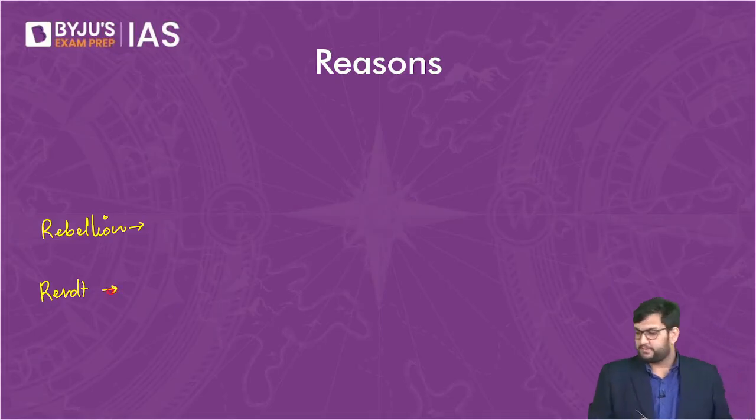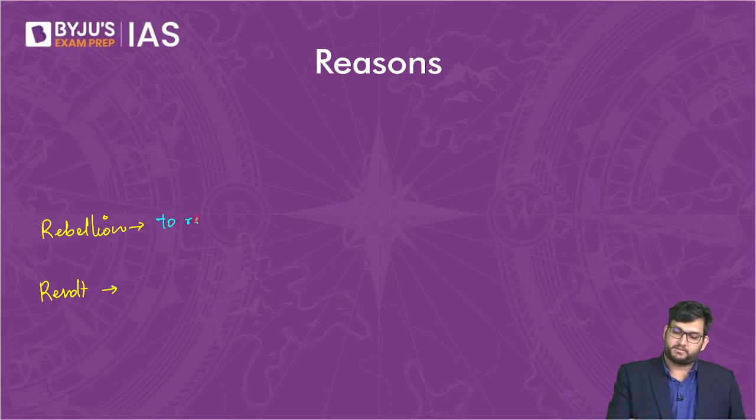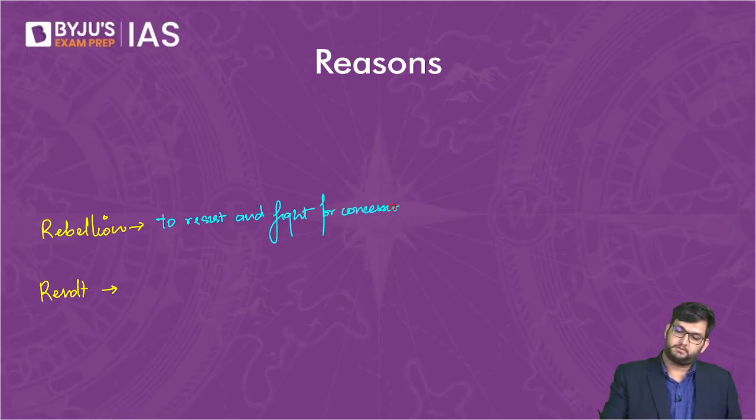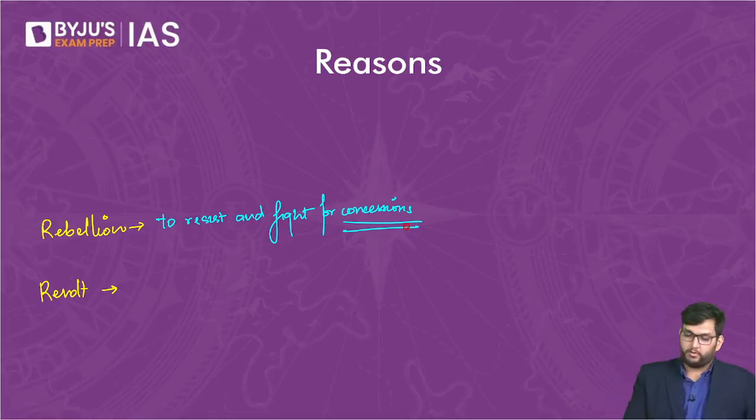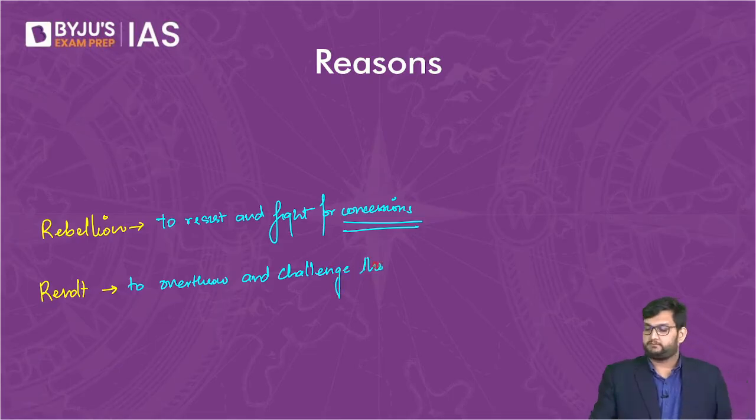Rebellion means to resist and fight for concessions. You want something, so you fight for it. Revolt is to overthrow and challenge the power. And there's one more word which you will come across today, which is called mutiny.